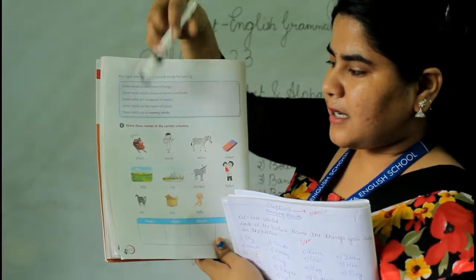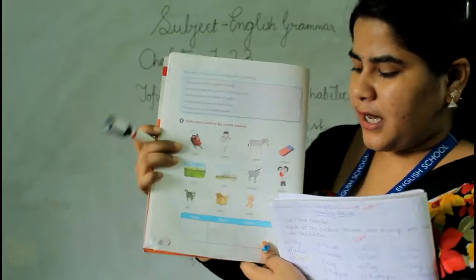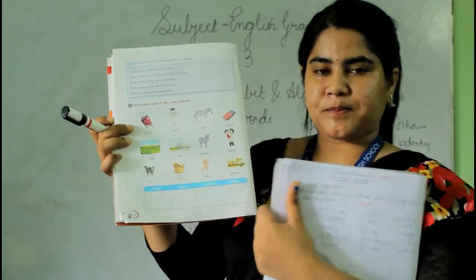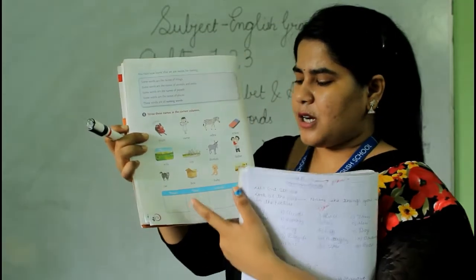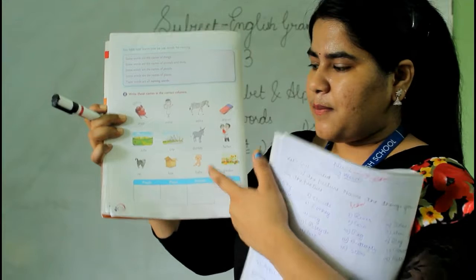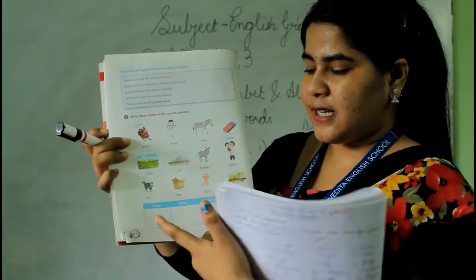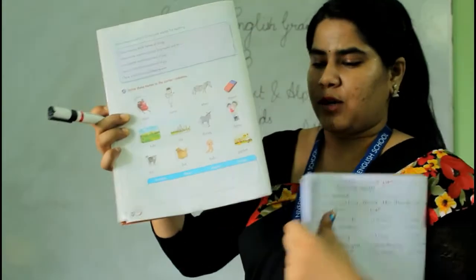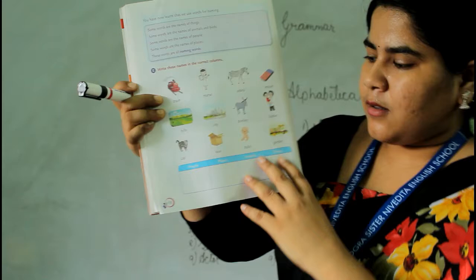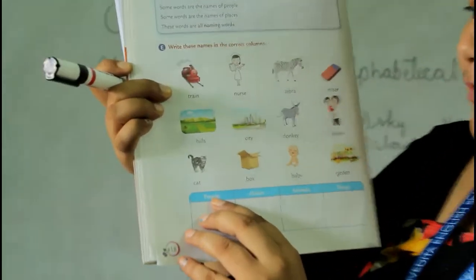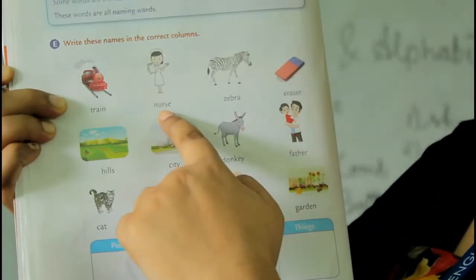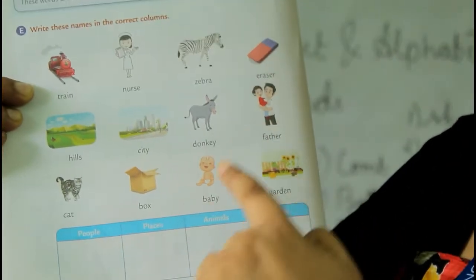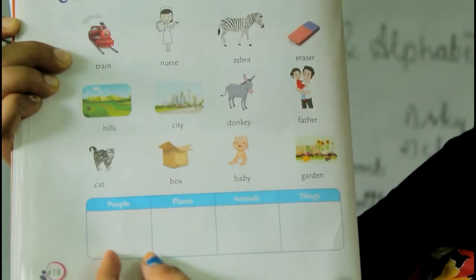So write these names in the correct column. So here, the column is already given. Okay, you have to follow the picture. You have to follow this column and write the names according to this column, okay? Let me show you. First, you have to write the name of the people. Nurse, father, okay, baby will come under people.